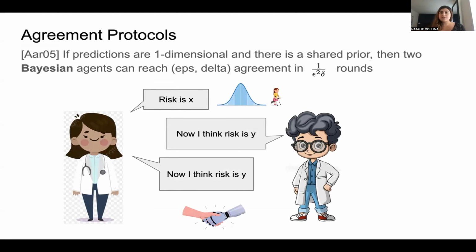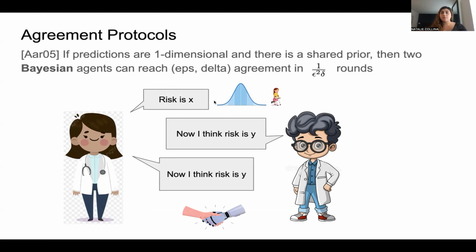So, in the Bayesian setting, agreement protocols are something that has been studied. What do I mean by the Bayesian setting here? You have some state of the world, and there's a shared prior over that state.